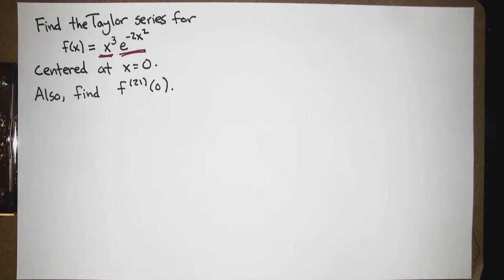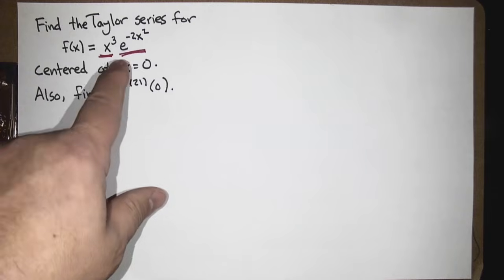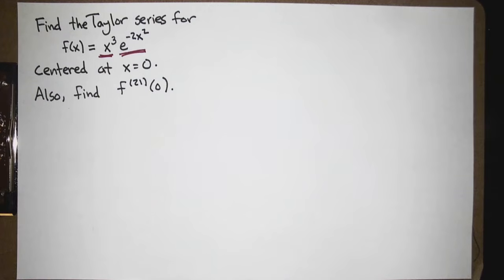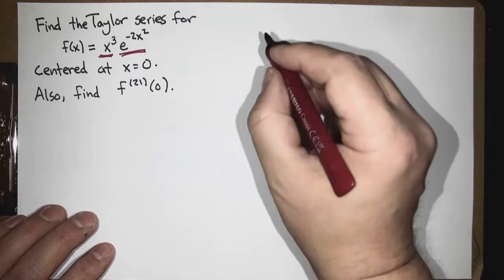The x cubed. X cubed is already polynomial. So we're happy with the x cubed. So we really need to focus on this e to the minus 2x squared. So let's talk about that.